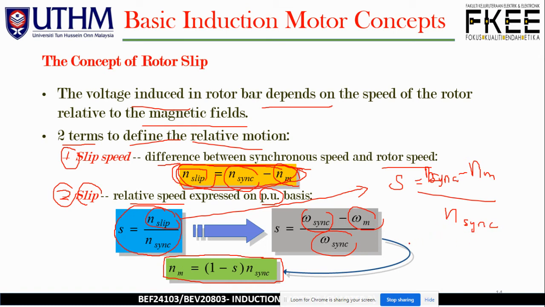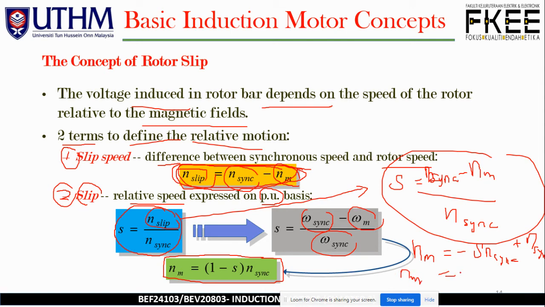Now we need to rearrange the equation, so n_m equals negative S n_sync plus n_sync. Then finally, factorize, and here we get (1 minus S) n_sync, a similar equation to this one.